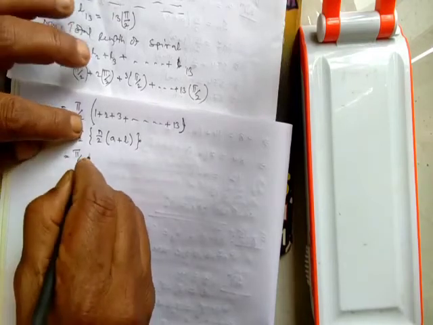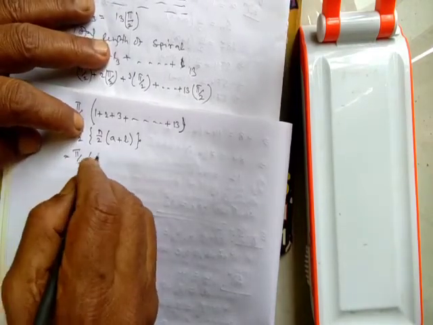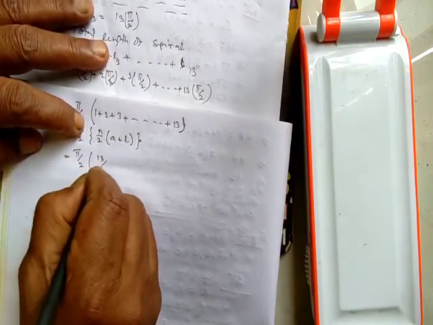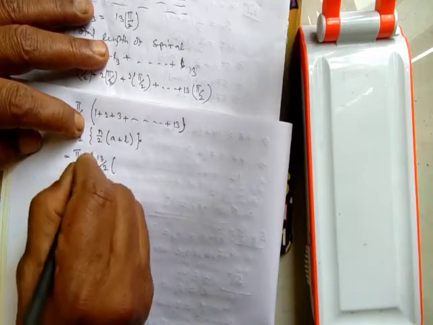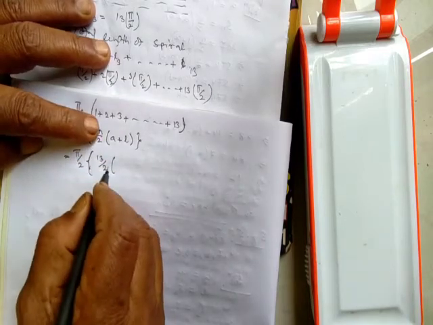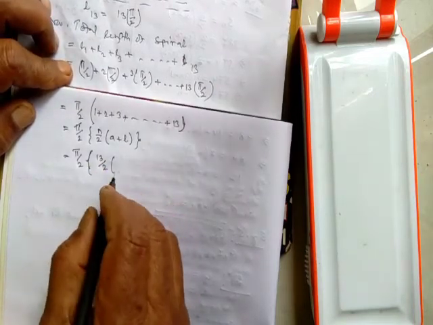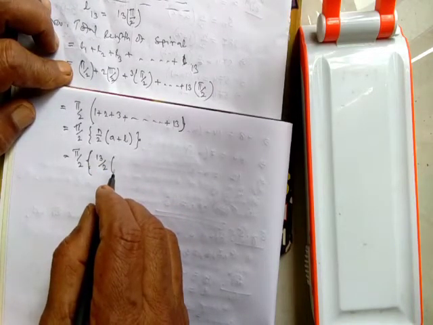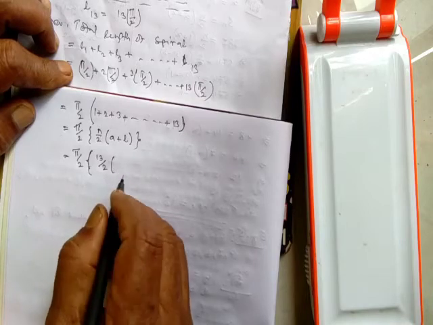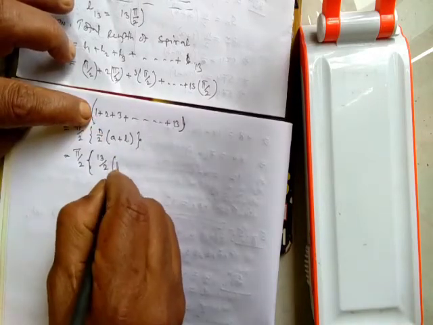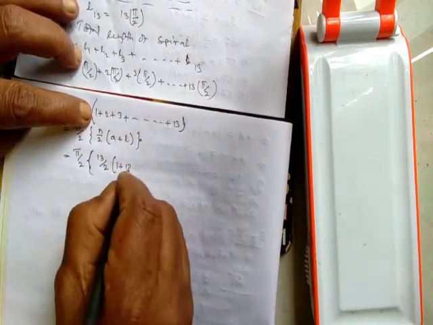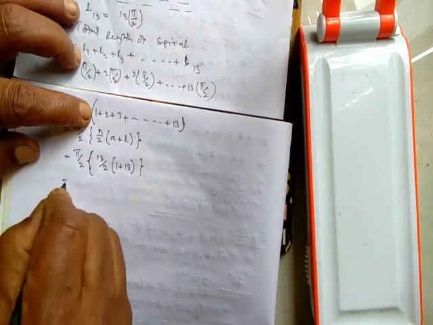This is equal to pi by 2. N is 13. So 13 by 2 into a plus L, where a is equal to 1 and L is equal to 13.